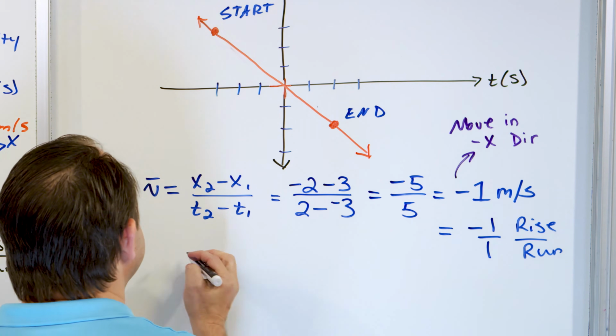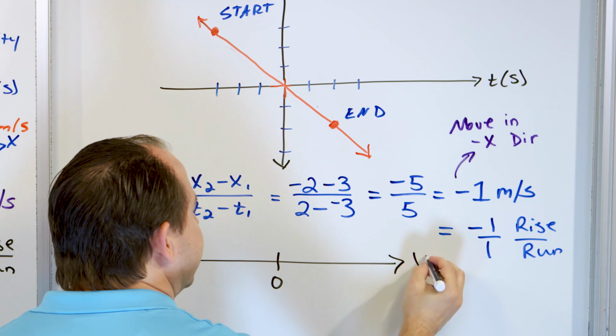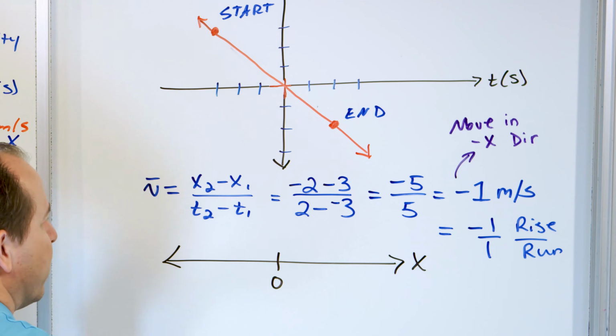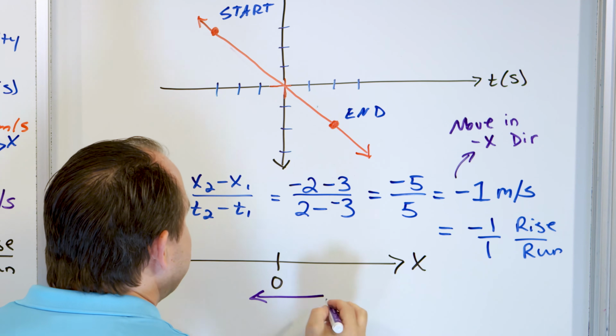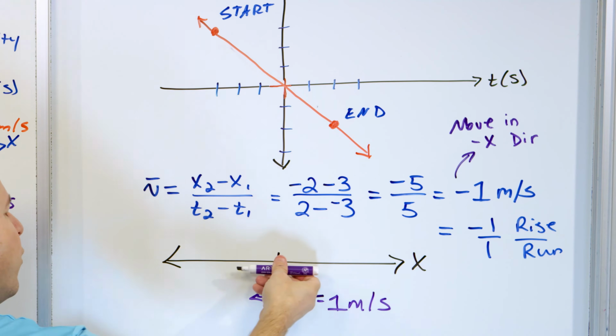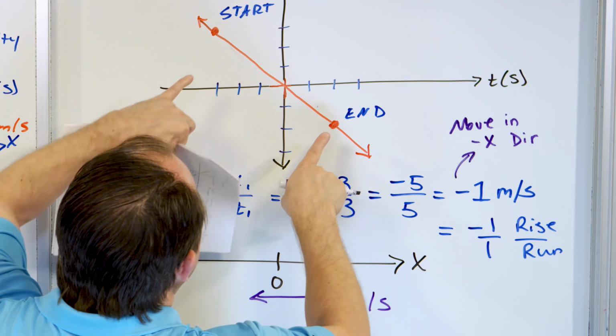If you want to turn your head sideways again, like we were doing in the last lesson on a number line, then basically what we're saying is that we're traveling this way at 1 meter per second. I'll put the negative sign. That just means we're going towards smaller and smaller values of x, right? All right, so we calculated -1 meter per second using these 2 points.